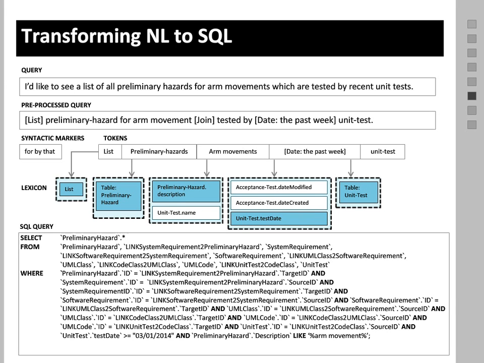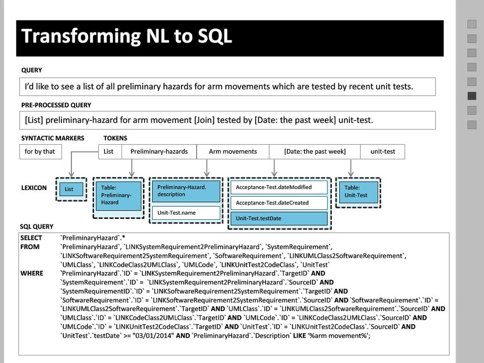If you're curious about how this works, we take the initial query, we pre-process the query into some basic formats. So for example, taking "I'd like to see a list of all" and just replacing that with the word "list". So we simplify, we tokenize, and we map the tokens onto the project.